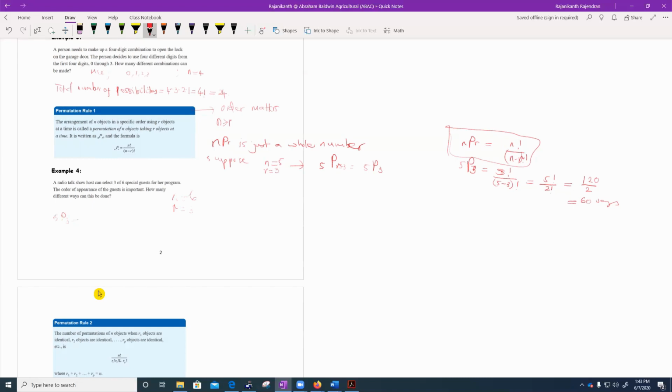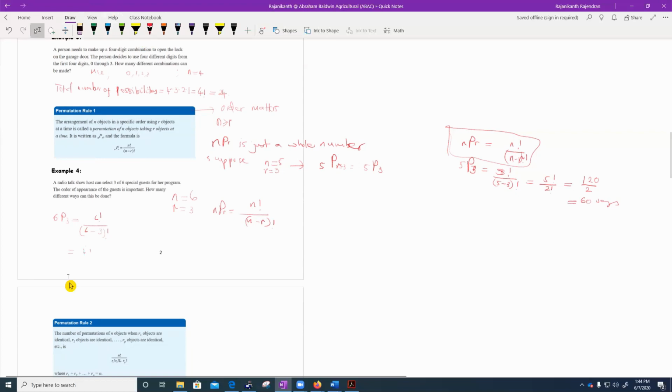You could use either the calculator directly or the formula I gave you. So I'm using nPr is n factorial over n minus r factorial. My n is now 6, so I'm replacing it here: 6 factorial over 6 minus 3 factorial. That is 6 factorial over 3 factorial.